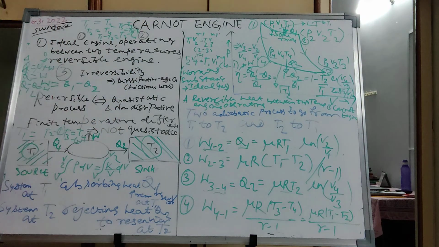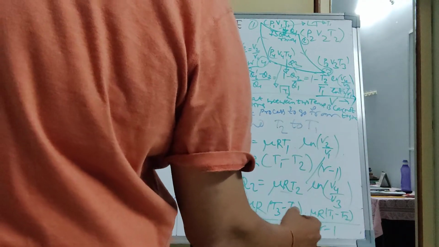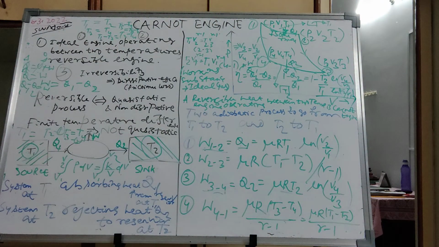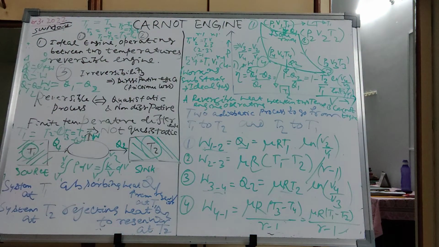That is simplified. So T3 minus T4 becomes T2 minus T1. So now this term and this term are almost becoming the same.